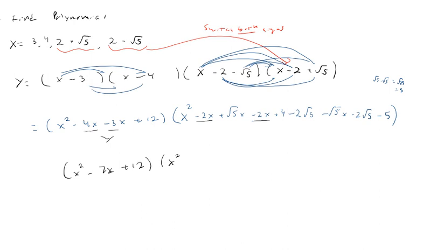Oh, this should be positive 2 root 5. Because I did negative times a negative, this is positive 2 root 5. So I've got negative 2 root 5 and positive 2 root 5. Those should also always cancel. Your radical pieces, when you do this radical stuff, the radical pieces should always go away. They always should cancel.